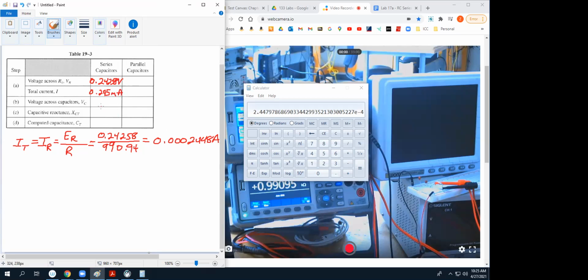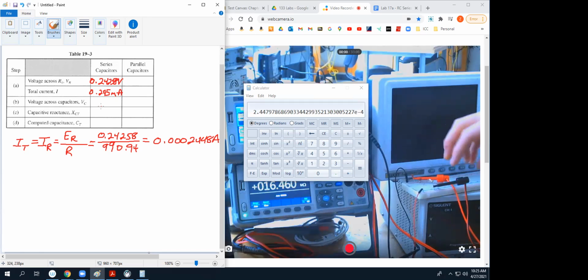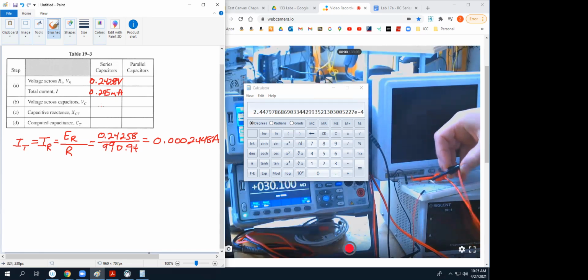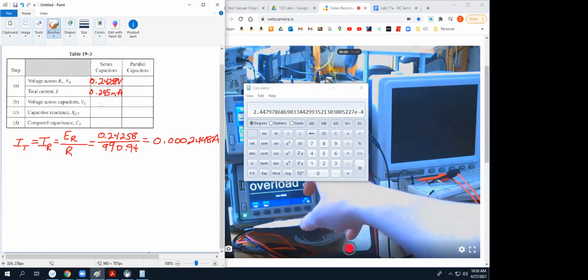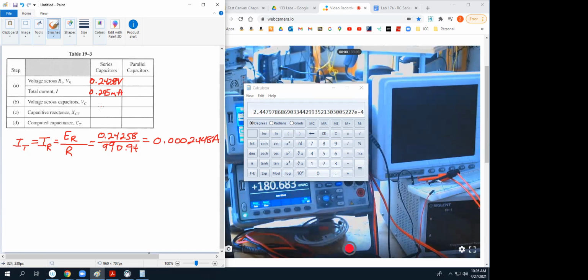Voltage across the capacitors. And to do that, what it says to do is measure across both of them as if they were one single capacitor. Everybody understand that? 0.181 volts.